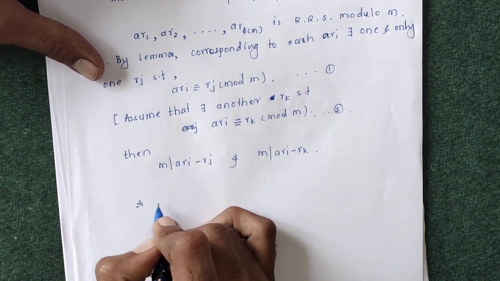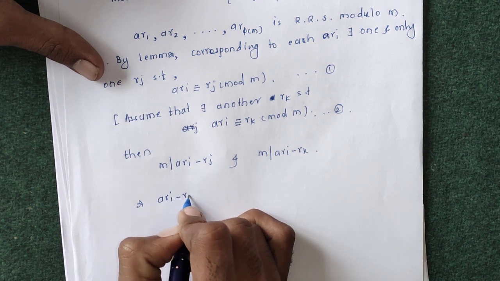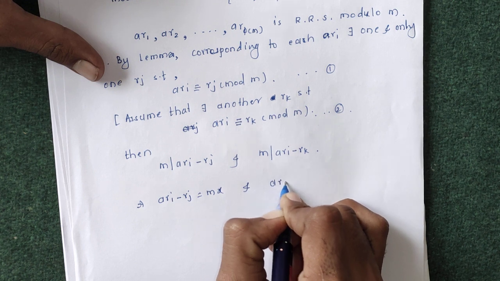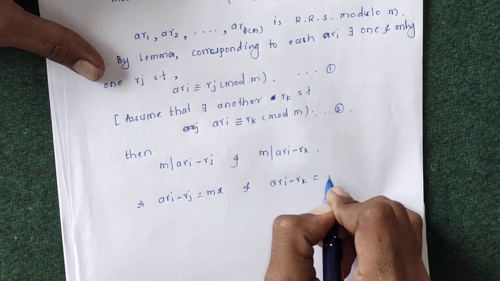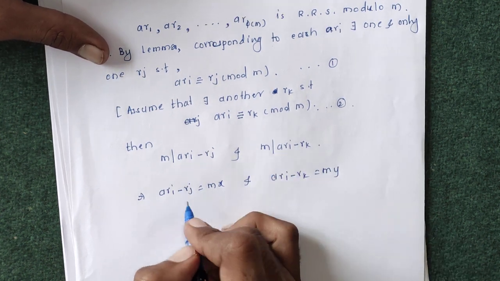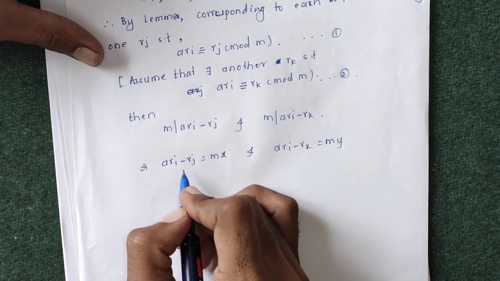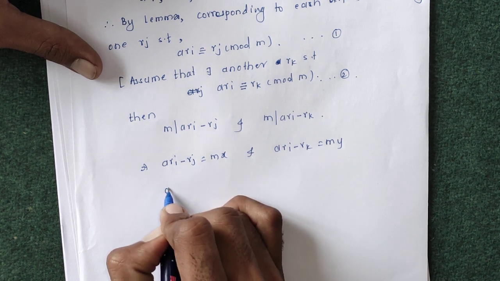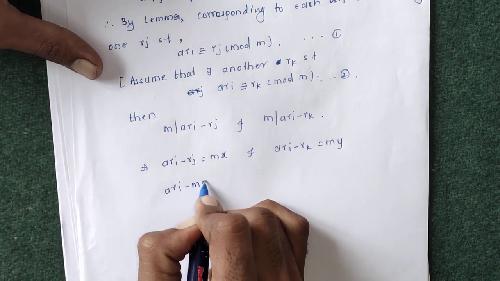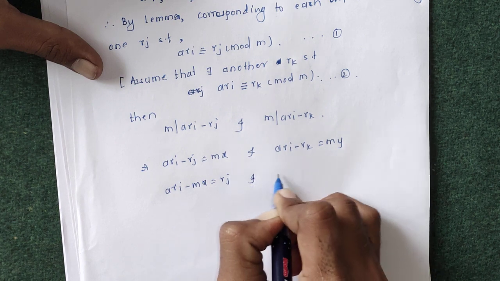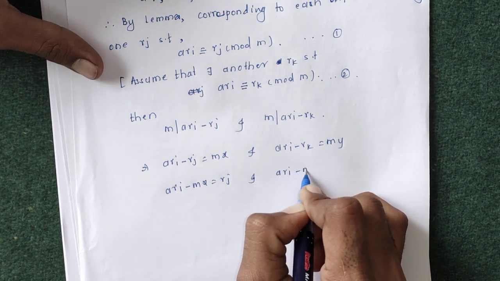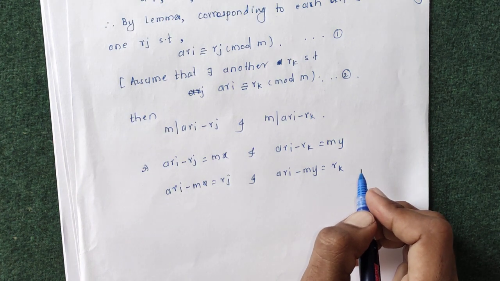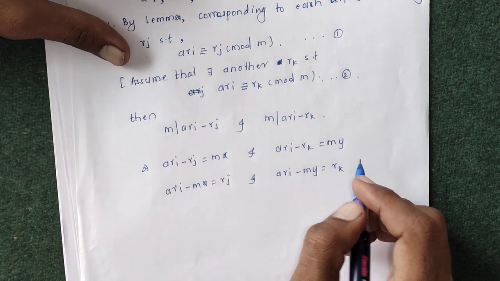We get aRi minus Rj is equal to, suppose, Mx, and this aRi minus Rk is equal to My. So if we rearrange these equations, aRi minus Mx is equal to Rj, and aRi minus My is equal to Rk.